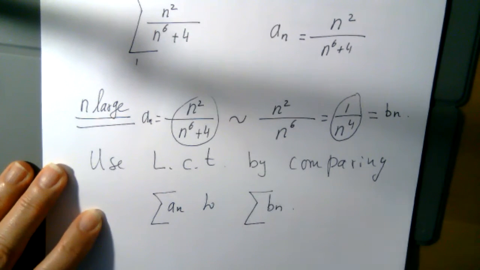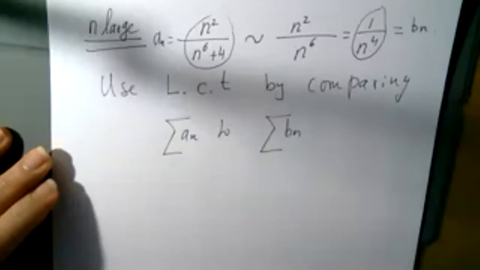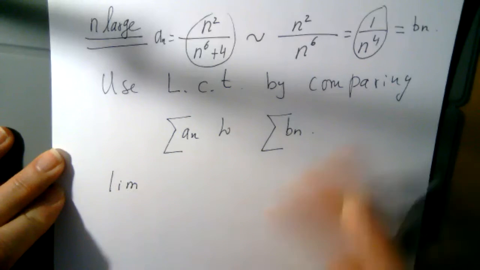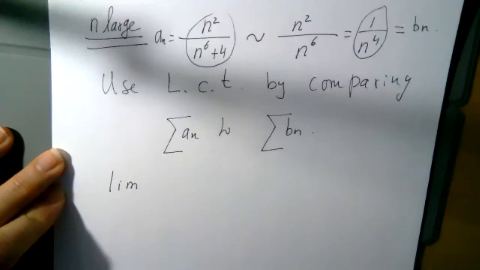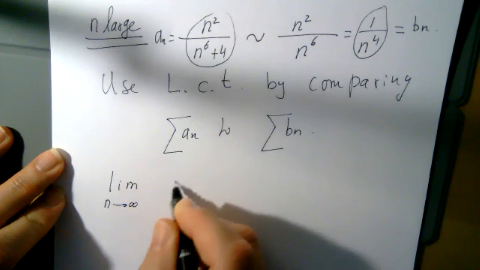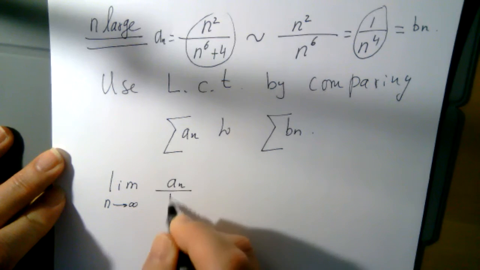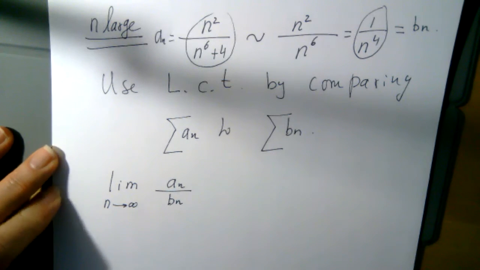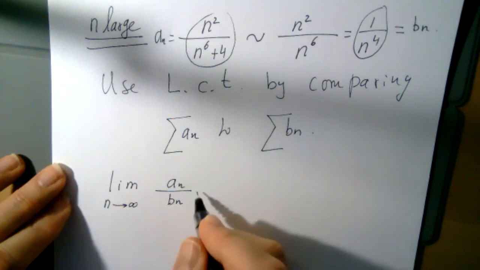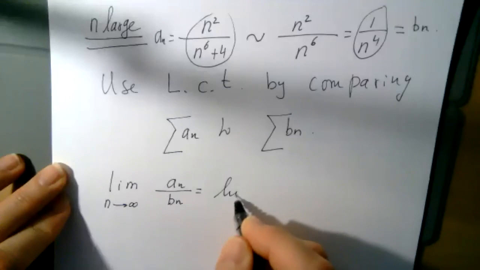That's the idea. But how can we compare them mathematically correctly? What does the limit comparison test tell me? Once you pick your bn that you think behaves like an, you take the limit of the ratio between them, because I want to make sure that an over bn are very close. And you compute the limit.